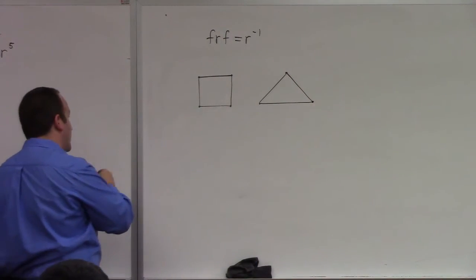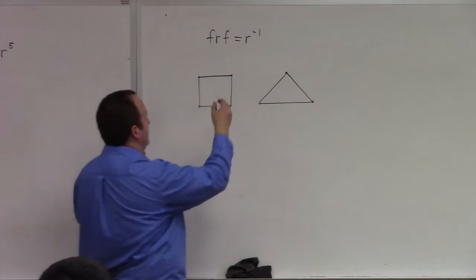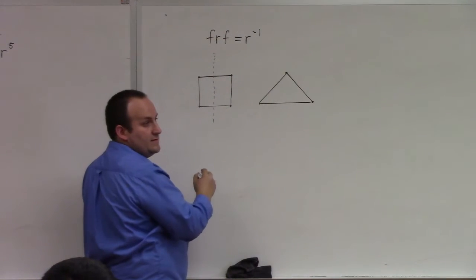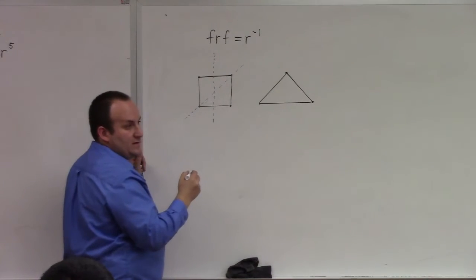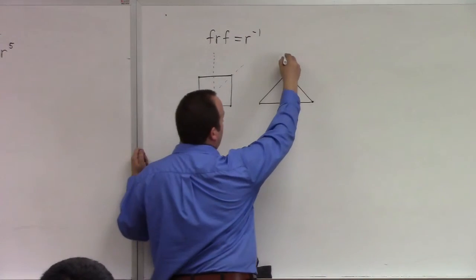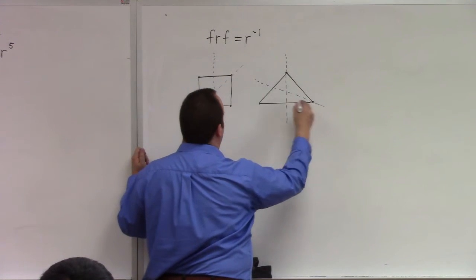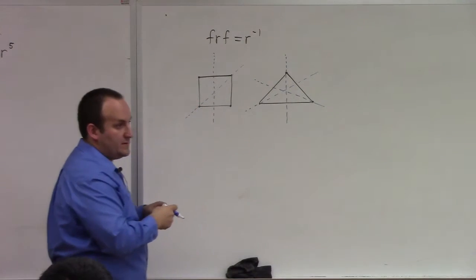If you think about reflections, there are different kinds of reflections for a square. There's this one, or this one. Those are two different kinds of reflections. Whereas for the triangle, every reflection goes through a vertex.